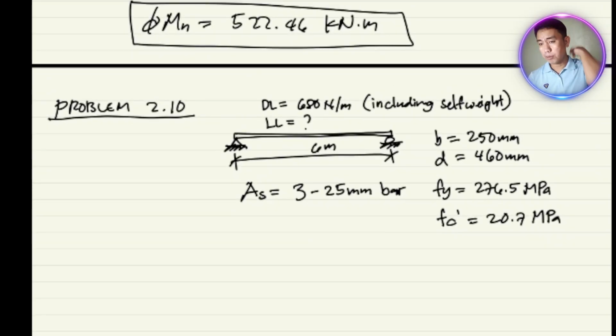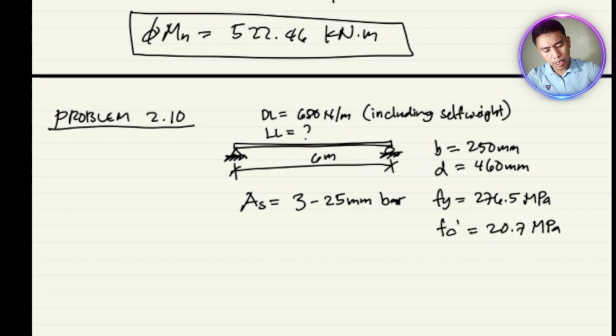Okay, I want to solve one more problem. This is problem 2.10 in the book. So in this problem, we have the dimension of the section of the beam 250 by 460, fy 276, fc prime 20.7.